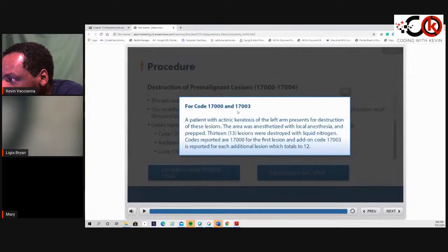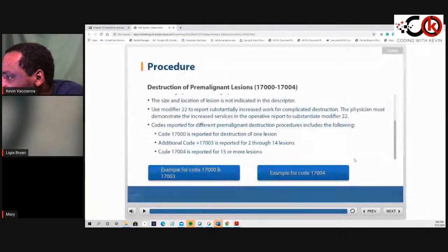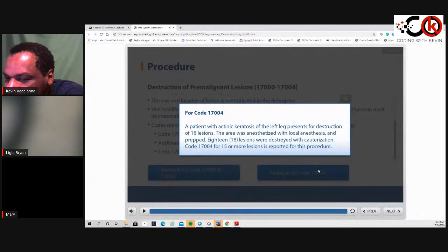This is 17000 and 17003. A patient with actinic keratosis of the left arm presents. Can you click the left example really quick? This one? This one? Or my left? Angie?